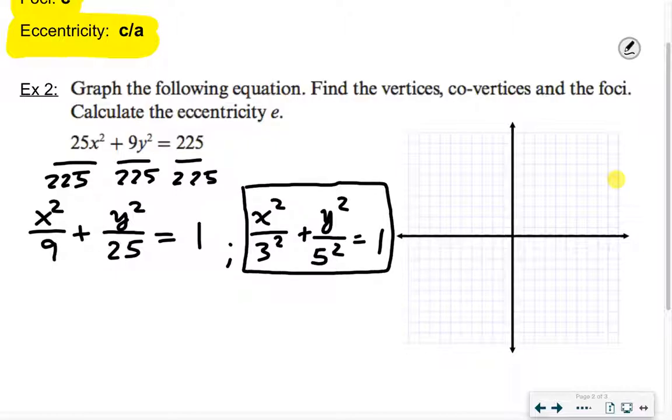So there is the equation of our ellipse in standard form. We have it set equal to 1. We have the x and the y's. We also have these denominators to have an exponent of 2.